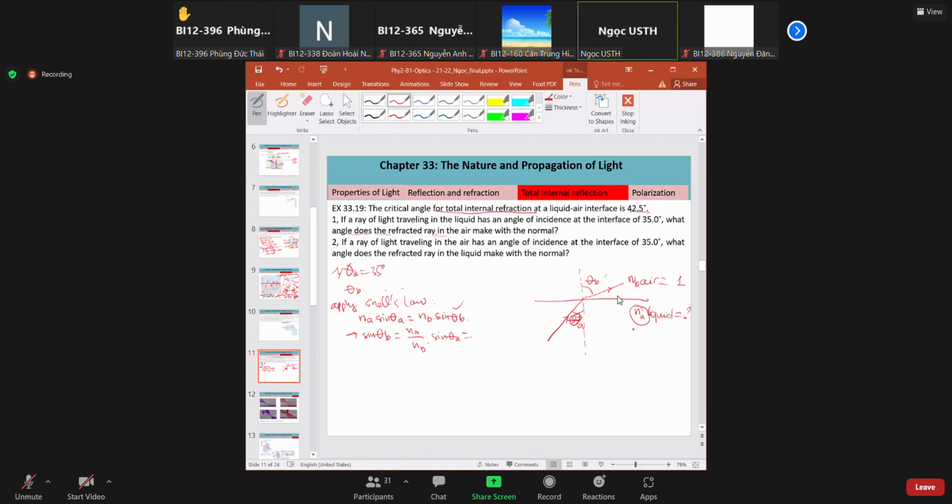We know the ratio NB over NA, so we have to calculate the NA before. We apply the formula sine theta critical equal to NB over NA.